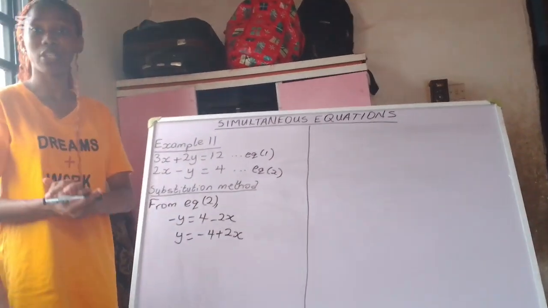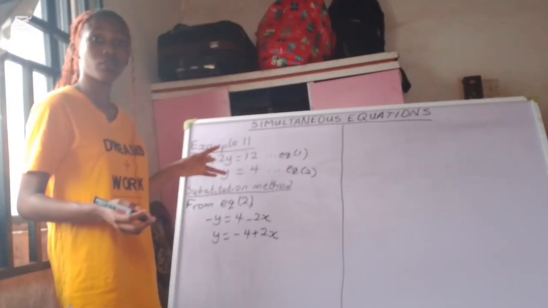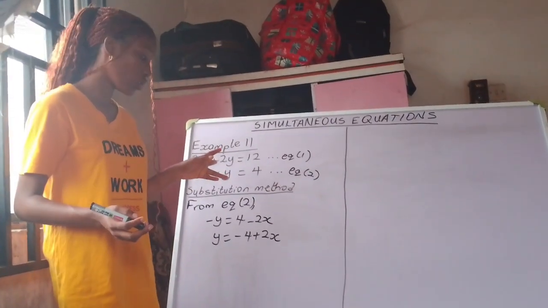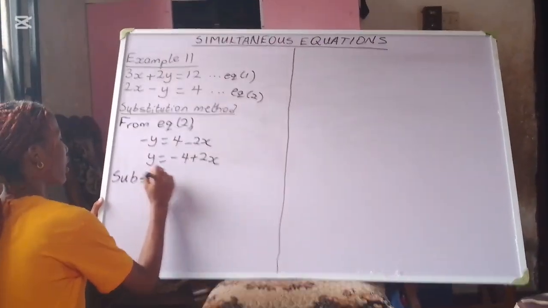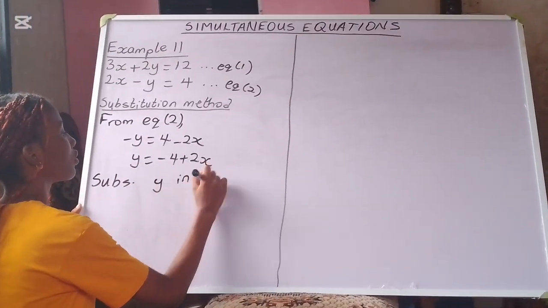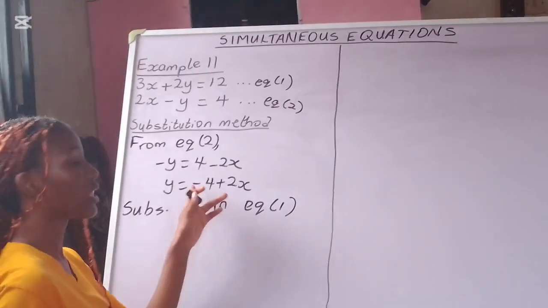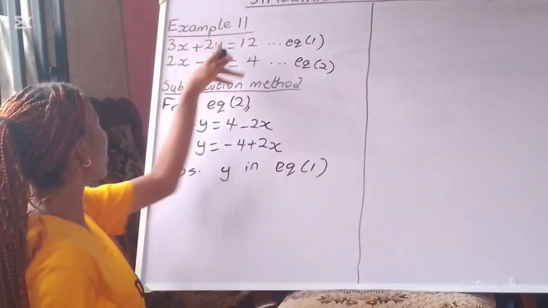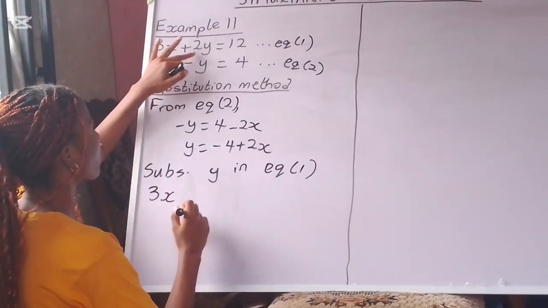So just like the substitution method, we have to substitute into the other equation, which is equation 1 in this case. So if we substitute y into equation 1, anywhere you see y, replace it with negative 4 plus 2x. If we do that, we'll have 3x plus 2y.